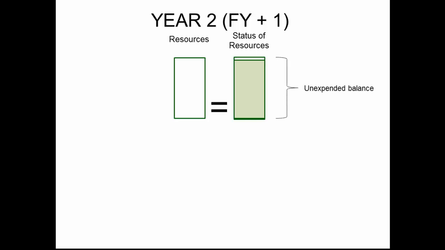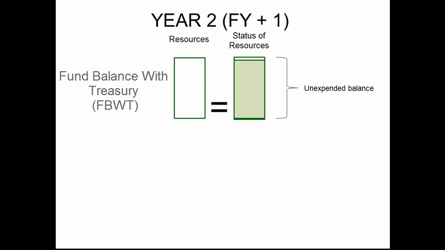At the beginning of year 2, note that the sum of the obligated unpaid balance and the unobligated balance, referred to collectively as the unexpended balance, will always equal the resources in the account. You may hear these resources referred to as fund balance with Treasury.